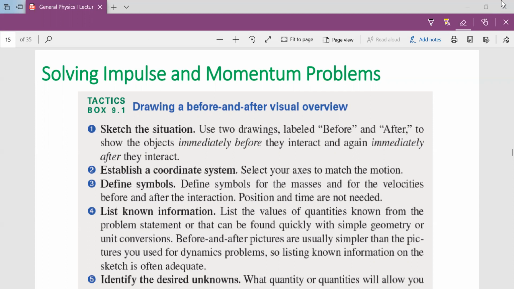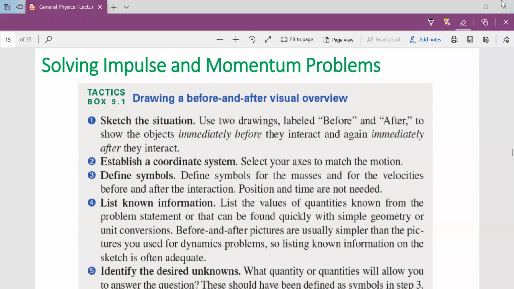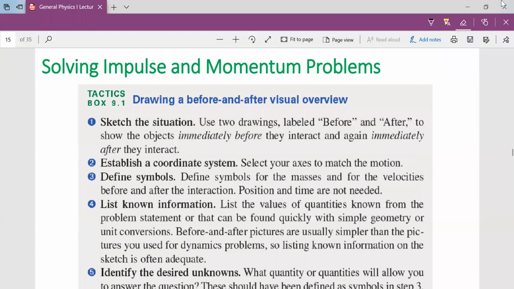But for impulse and momentum problems, Newton's second law does not apply appropriately. But we'll have a Newton's law that applies better than the second law. That is the Newton's third law.